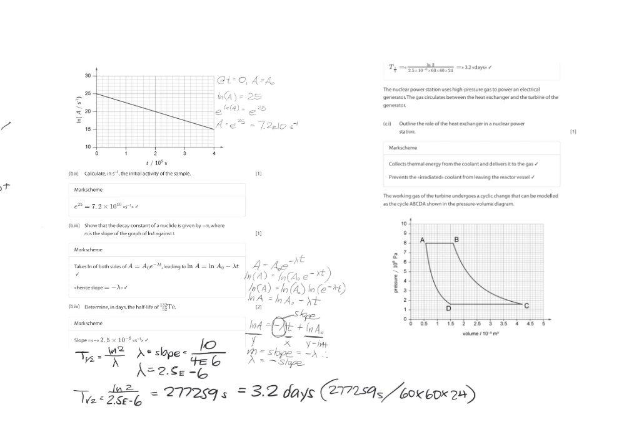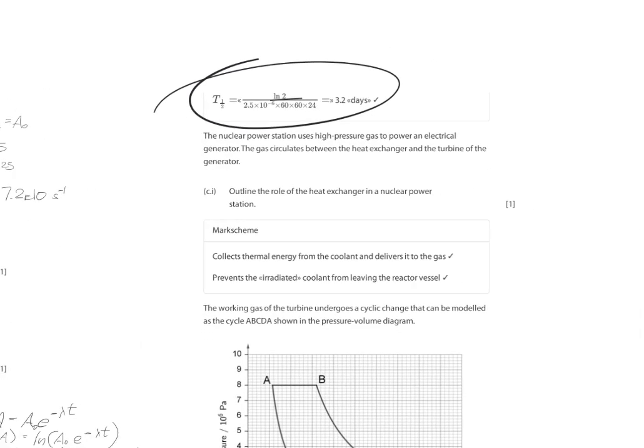Don't miss that it's 10 to the 6 on the x-axis, right? So 10 divided by 4, 10 to the 6. And so lambda, the slope, is 2.5 times 10 to the -6. Natural log of 2 divided by that gets me 277,259 seconds, which comes out to 3.2 days, which agrees with the mark scheme right over here.